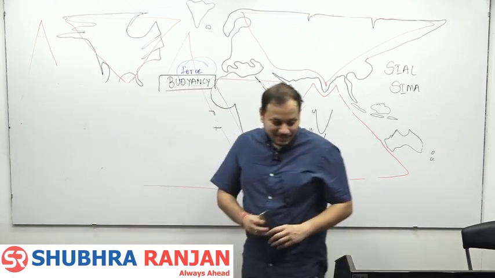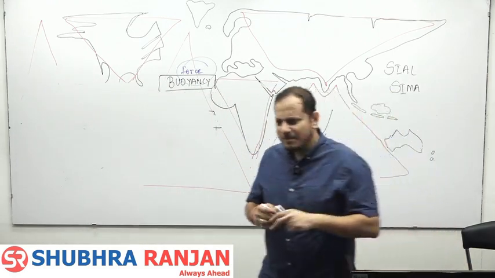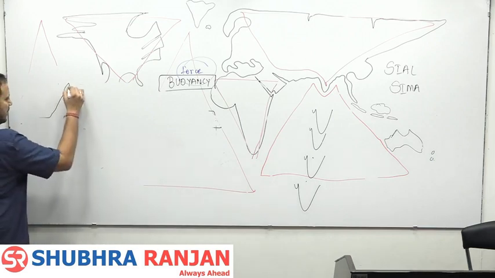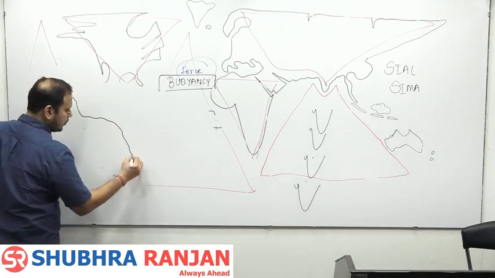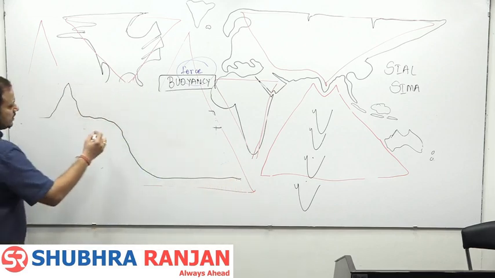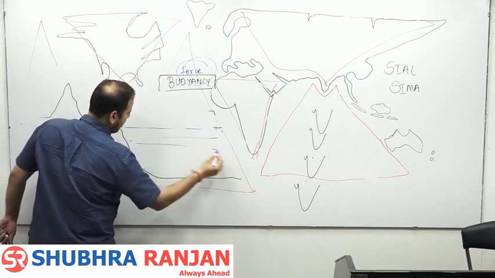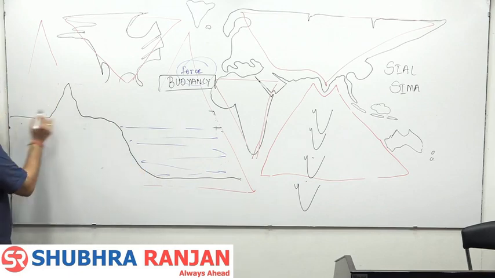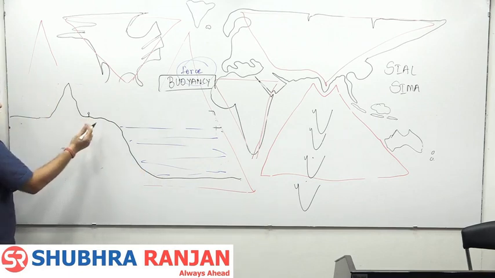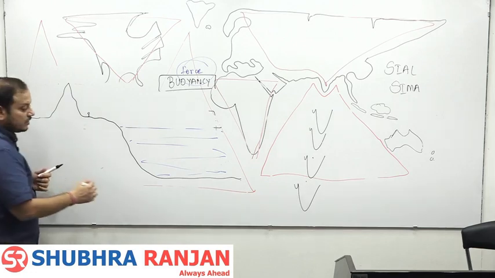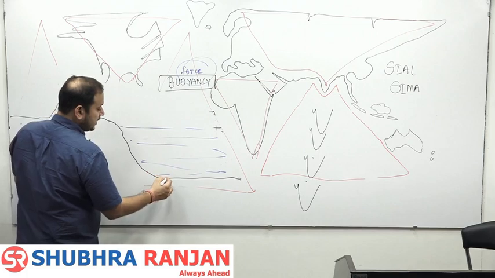Similarly, one more question is important. If this is Mount Everest, and there is ocean, this is the ocean floor, then the highest mountain from the surface is again Mount Everest. Mount Chimborazo, when you start measuring from deep inside the earth, and I say one of the highest relief features on the earth is the Hawaii Islands.